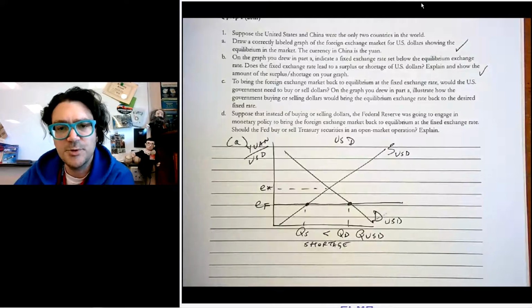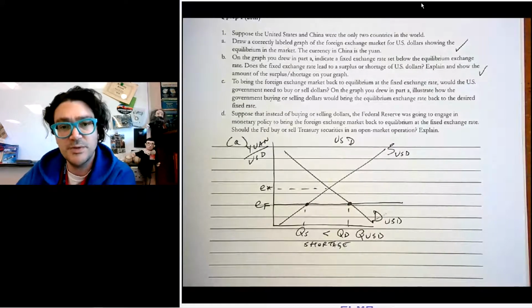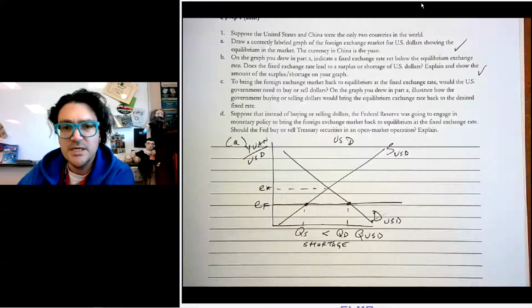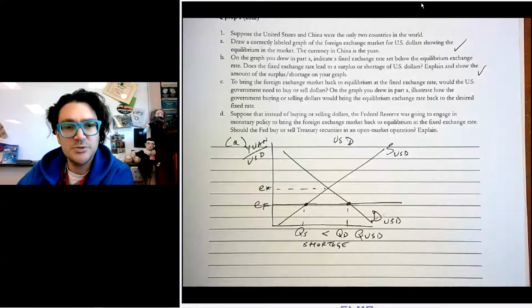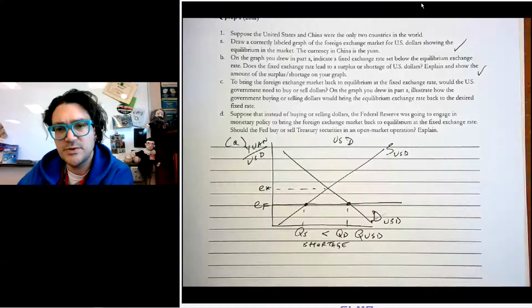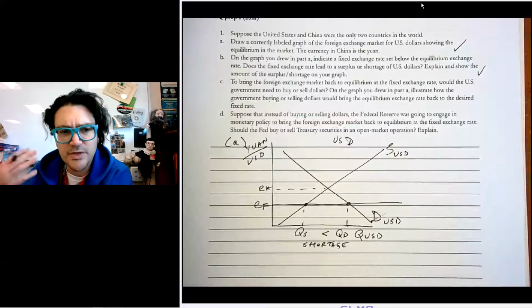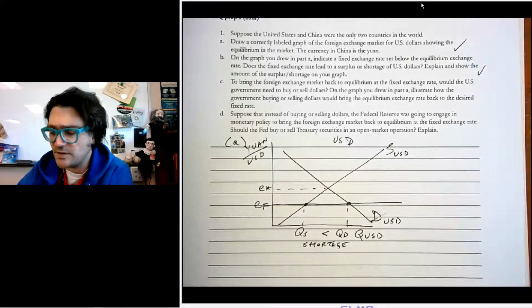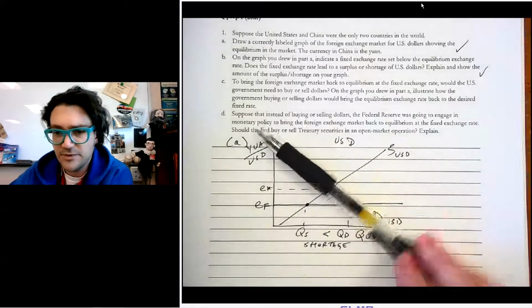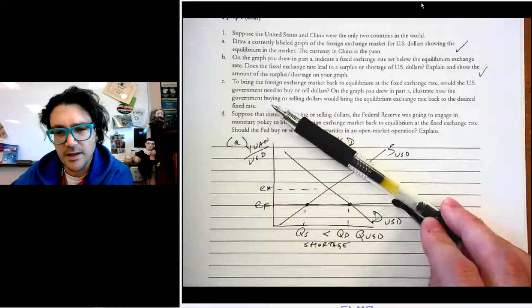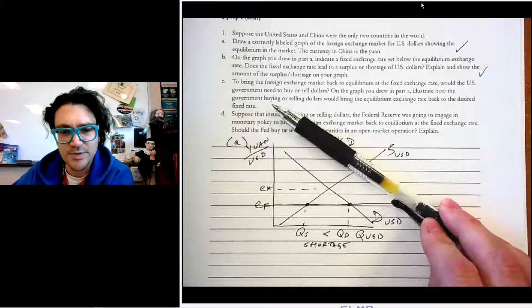To bring the foreign exchange market back to equilibrium, would the US government need to buy or sell dollars? On the graph you drew in part A, illustrate how the government buying or selling dollars would bring the rate back to the desired rate. So thinking about it, the government could buy dollars. If they buy dollars, then the demand curve goes like that, and it makes the shortage even bigger.